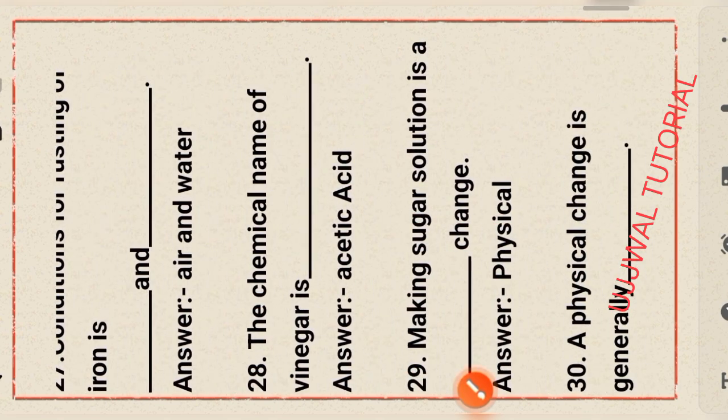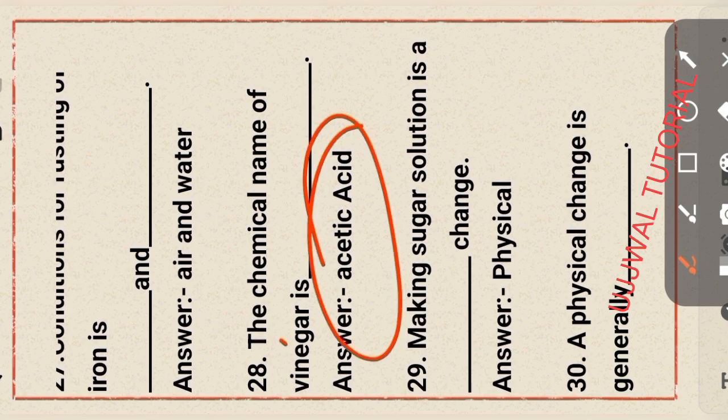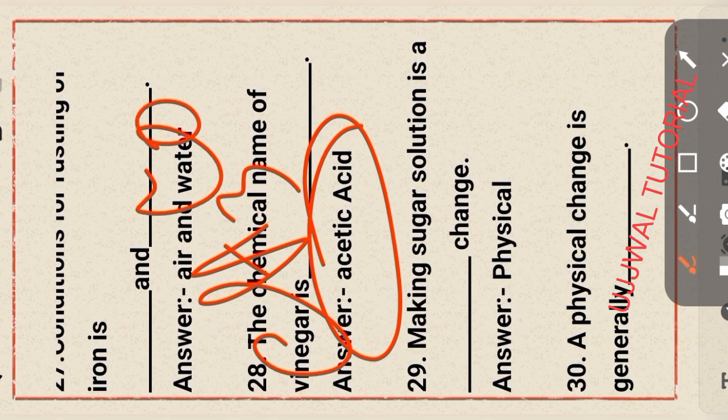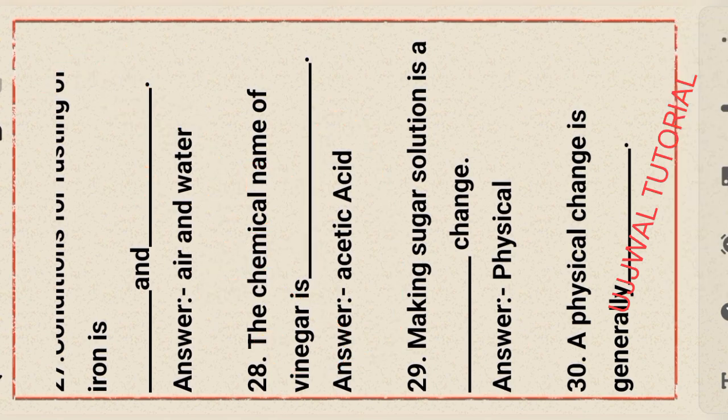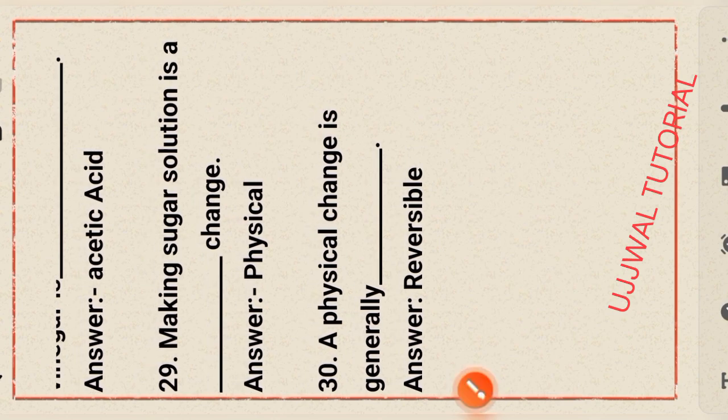Next question. Chemical name of vinegar is acetic acid. That is the formula of acetic acid, CH3COOH. Okay. Next question. Question number 29. Making sugar solution is a physical change.